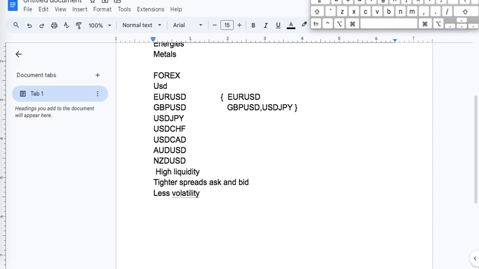Therefore, the lower the volatility, the more stable the price movements. You wouldn't want to trade a currency pair with high volatility.